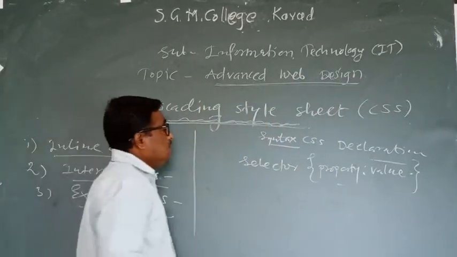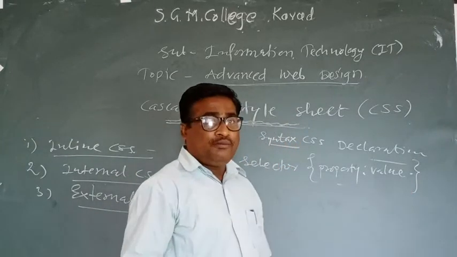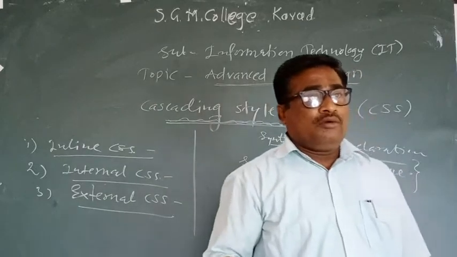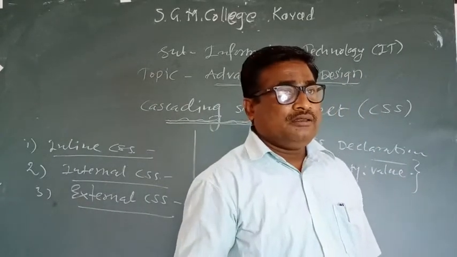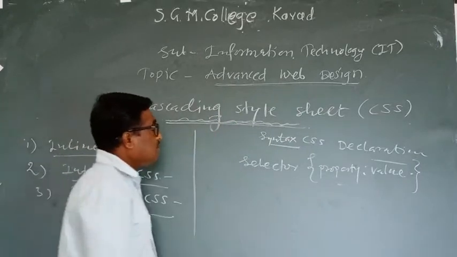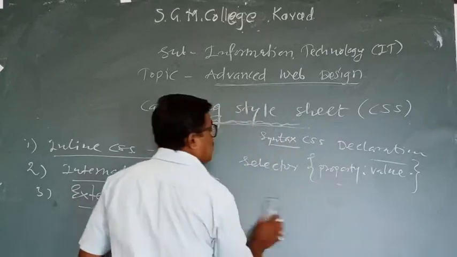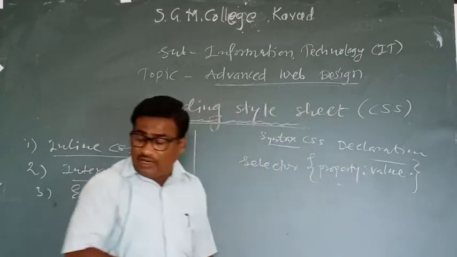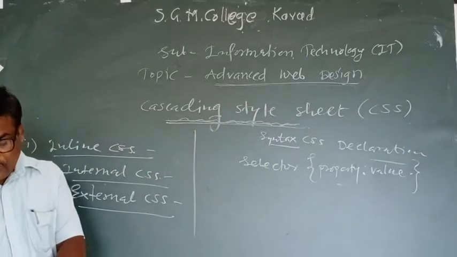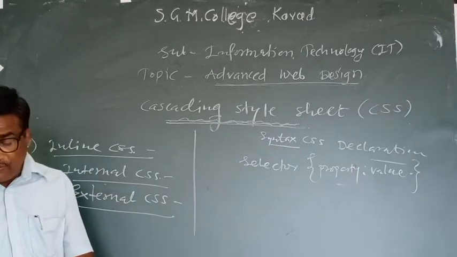There are a number of properties and values. For example, property 1, property 2, property 3, and value 1, value 2, value 3. These are the values and properties in this declaration part. Therefore CSS is divided into the selector and declaration part.